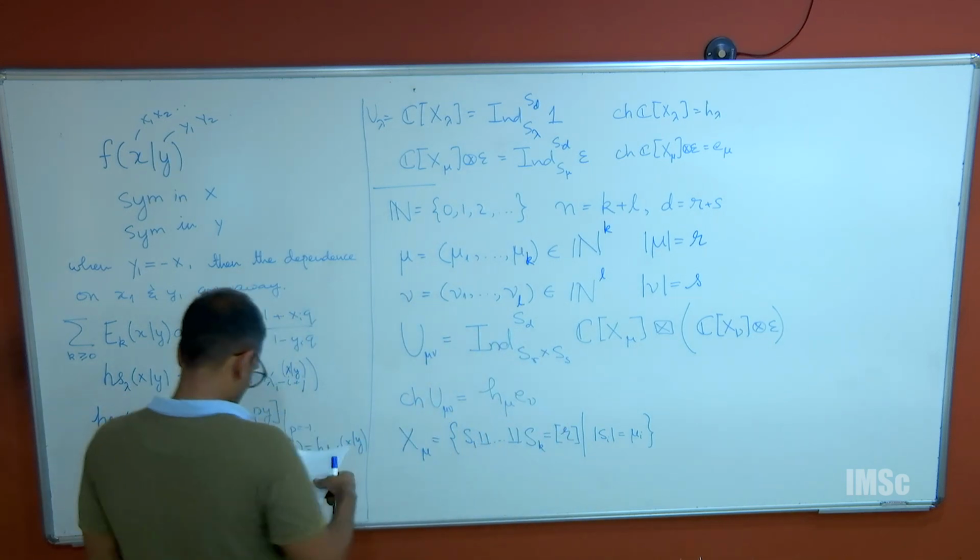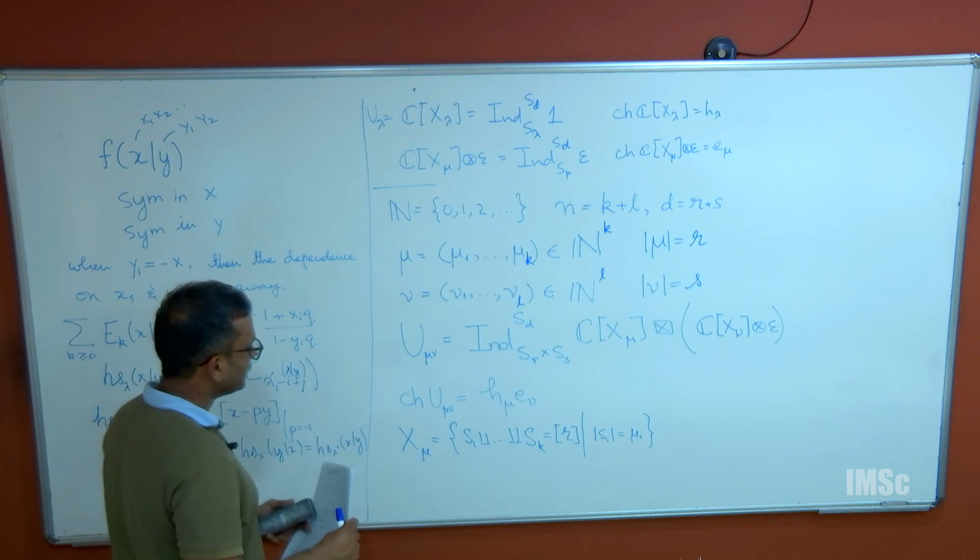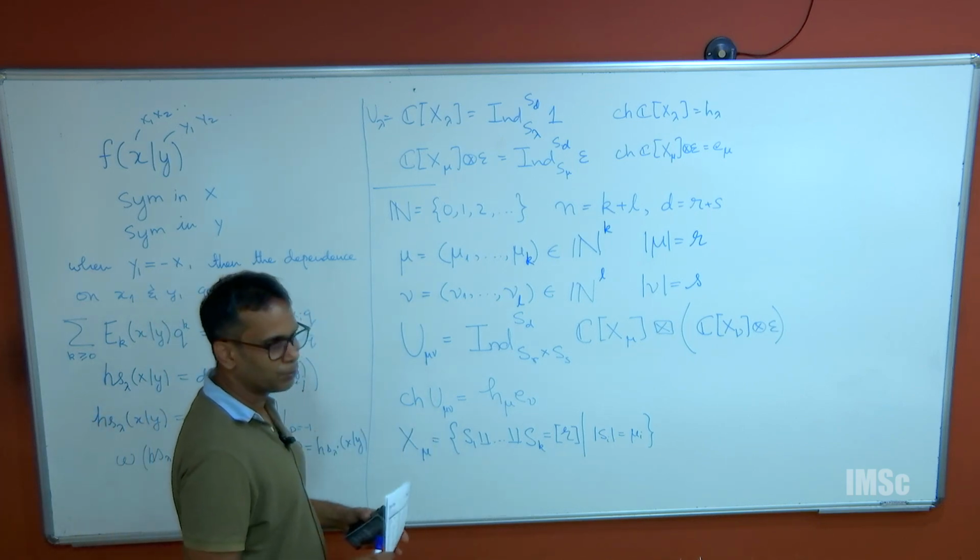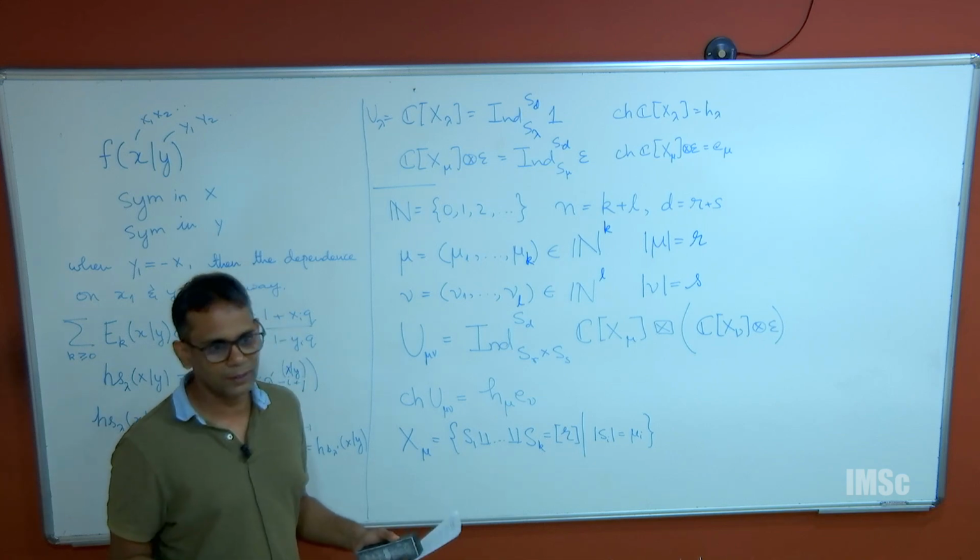Okay, so now the question is, how does this decompose into irreducibles? What is the analog of Young's rule?